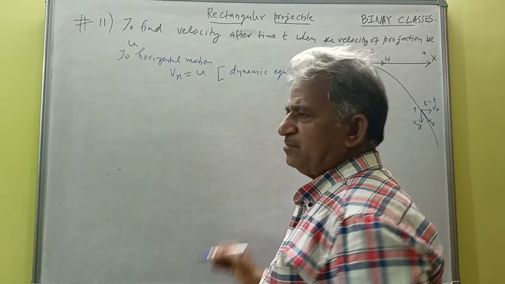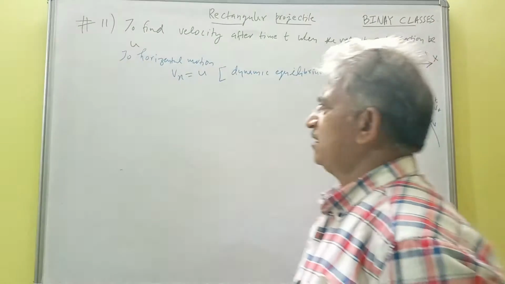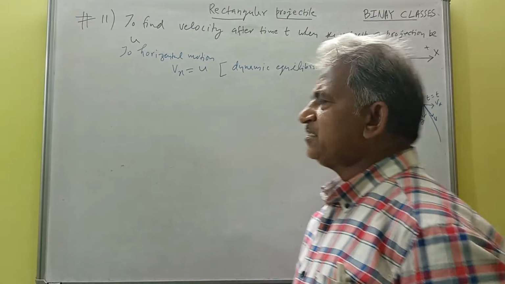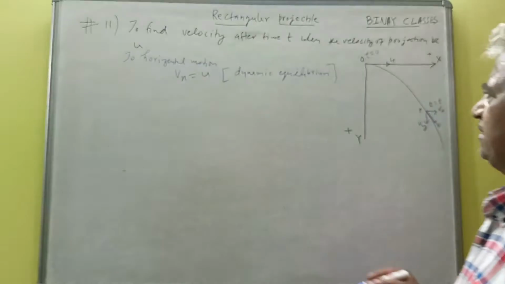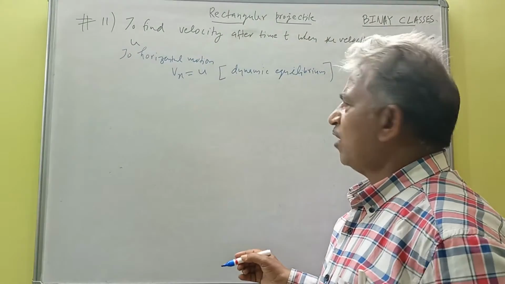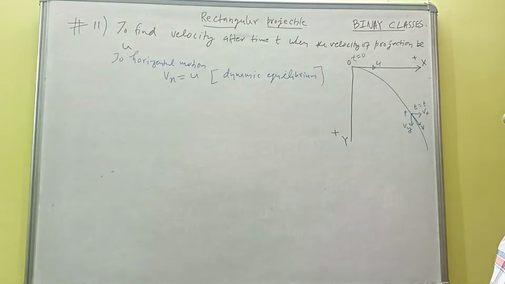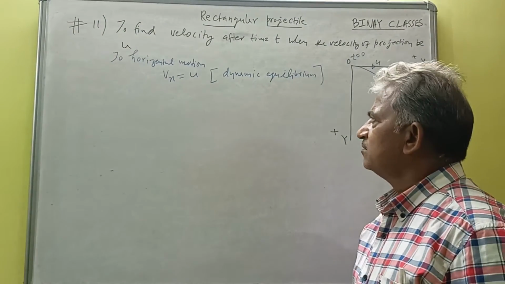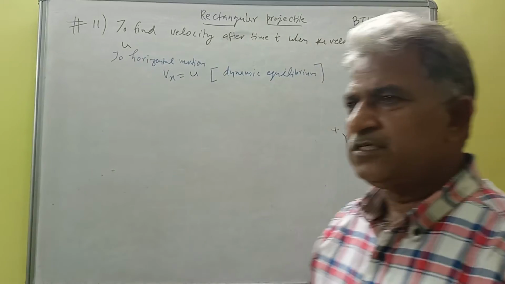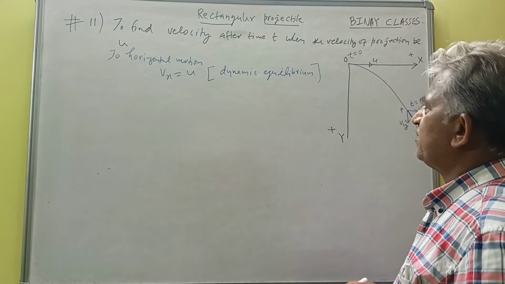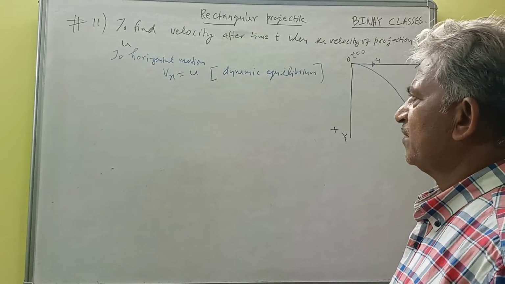What do you mean by equilibrium? For a particle, net force must be 0, and equilibrium of a rigid body means net force and net torque must be 0. And here dynamic means the object has initial velocity and that velocity will be maintained, so that is called dynamic equilibrium. There is another word, static equilibrium. If the object has initially 0 velocity, that equilibrium will be known as static equilibrium, but here it is dynamic equilibrium.